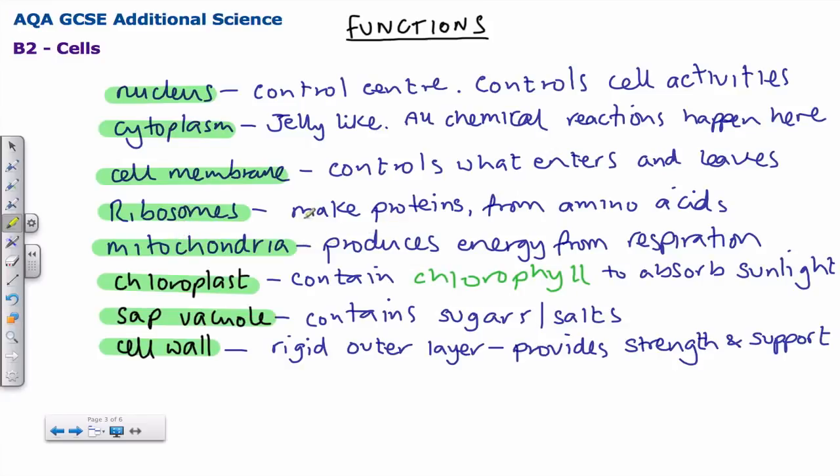The function of ribosomes is to make proteins. But the second part in describing that is that you have to say it comes from these things called amino acids.